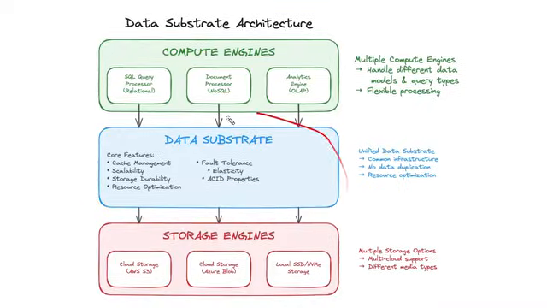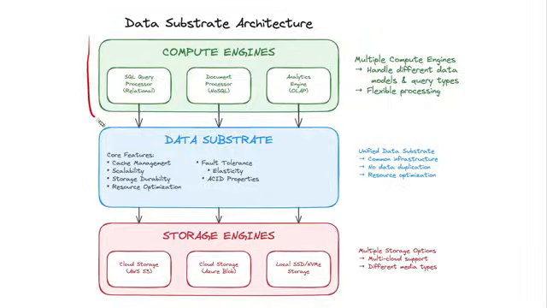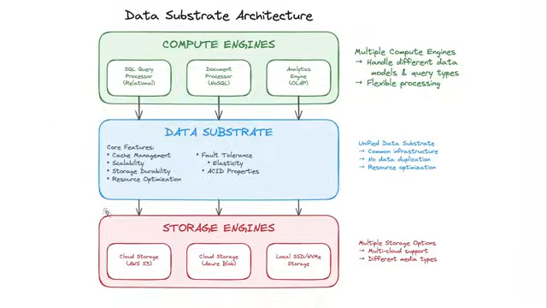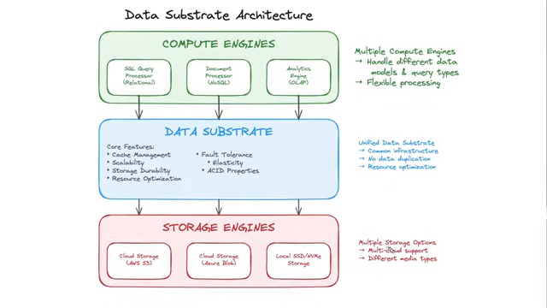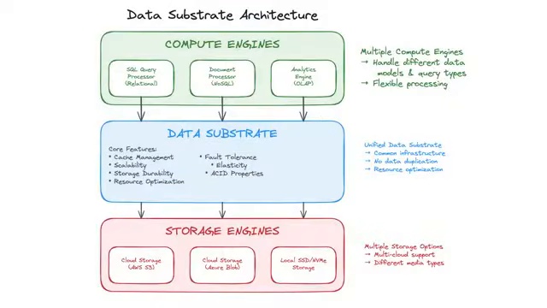You need to handle, for example, cache, scalability, fault tolerance, elasticity, storage durability, ACID, all those kinds of common things. And on top of that, we have different kinds of compute engines. And on the bottom of this, different kinds of storage engines. Compute engines essentially try to interpret what kind of data you're trying to process and what kind of query, how would I run these queries?